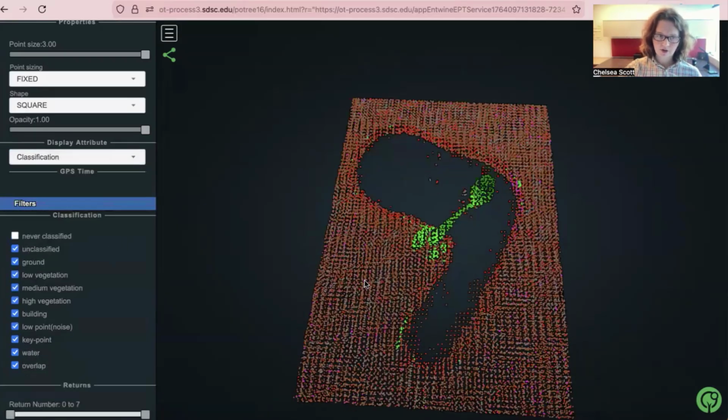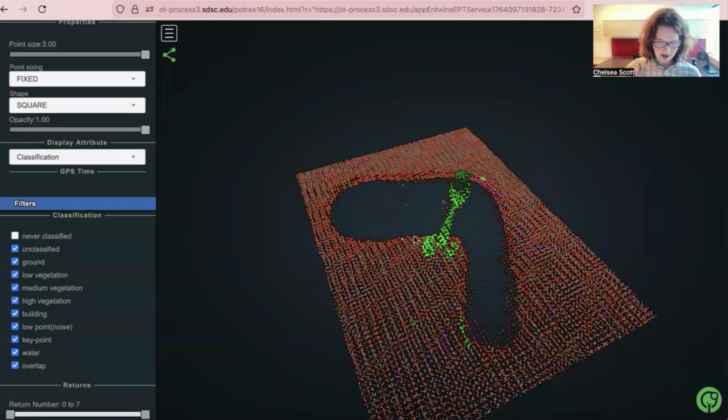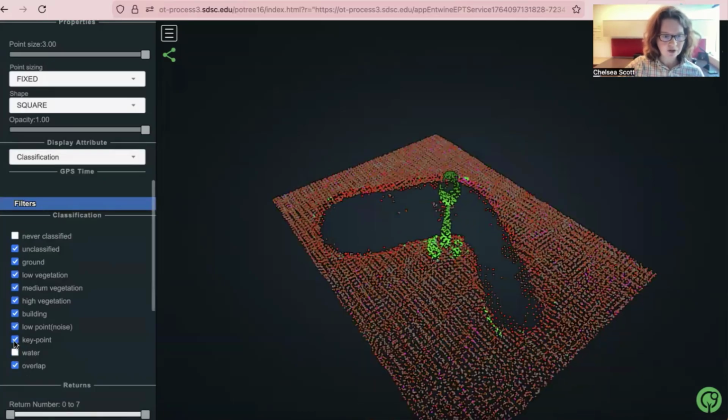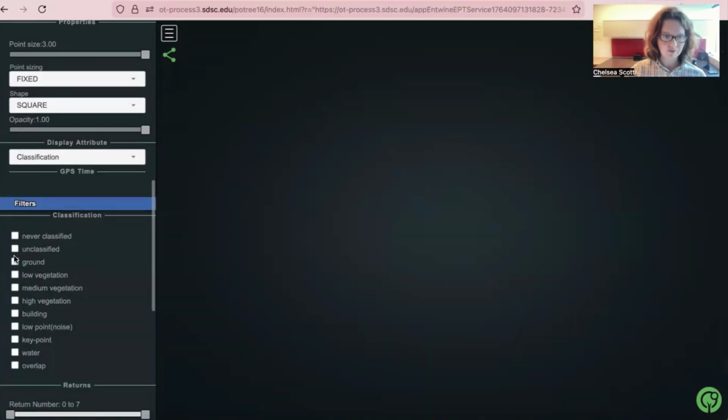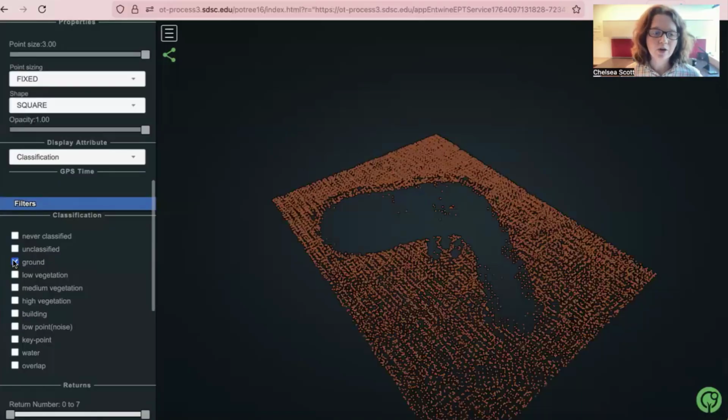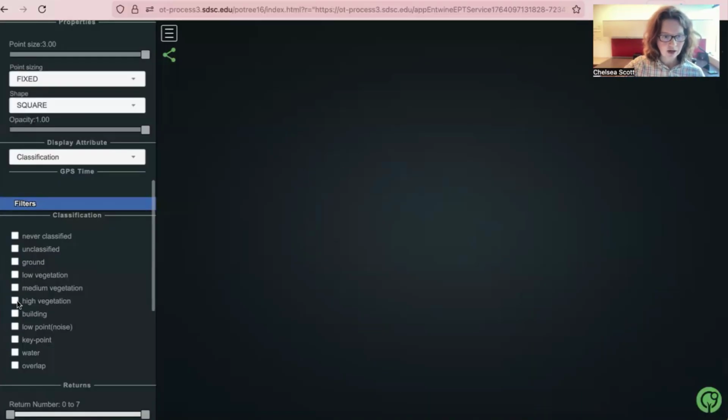So here we have our data set now colored by classification. You can see here in gray are unclassified points. The brown are ground points, and the vegetation are shown in different colors of green.